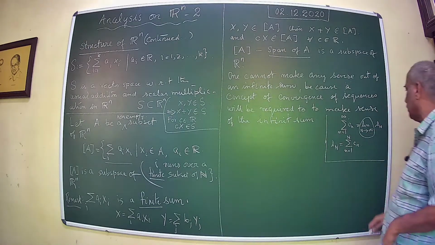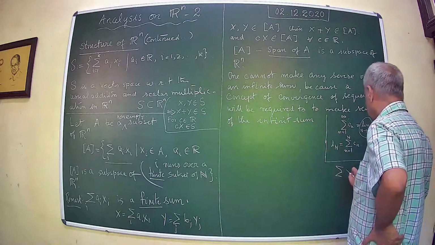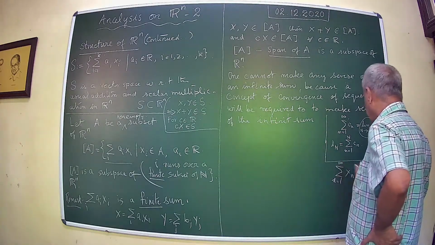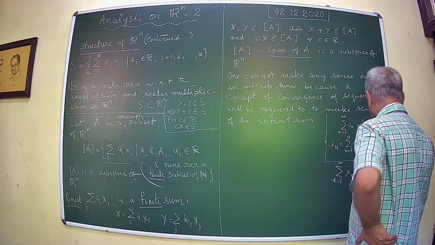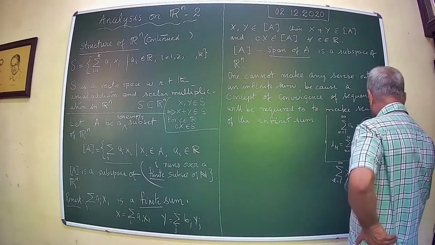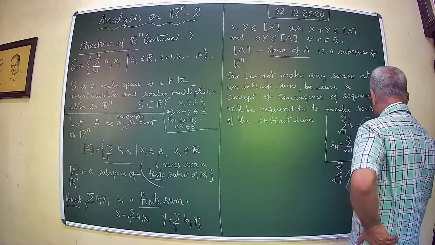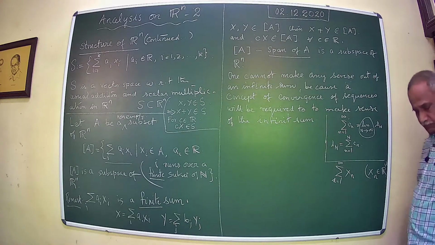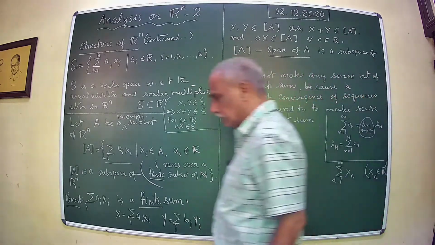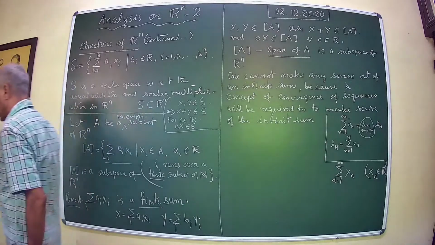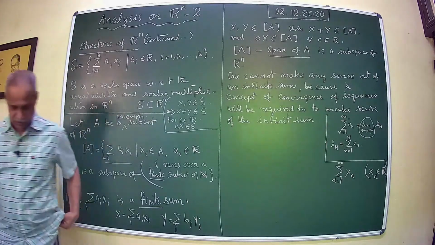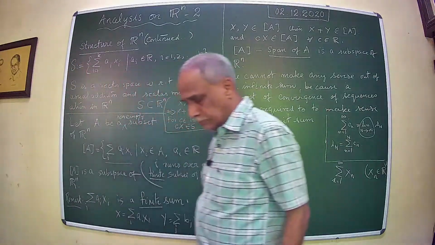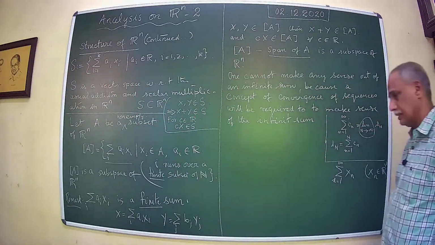For instance, I cannot talk about sigma x_n, n from 1 to infinity, each x_n belonging to R, not yet. I don't have a concept of distance introduced in the space, and until I do that, I cannot talk about that. This is always true. Whenever you do mathematics, make sure that you talk sense.